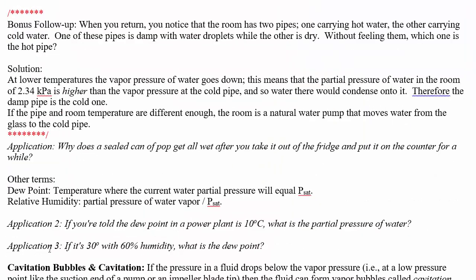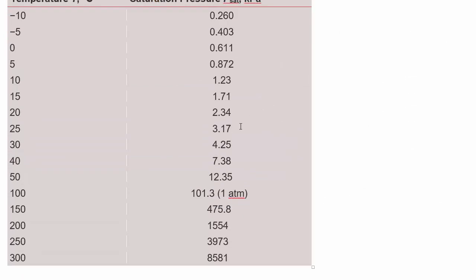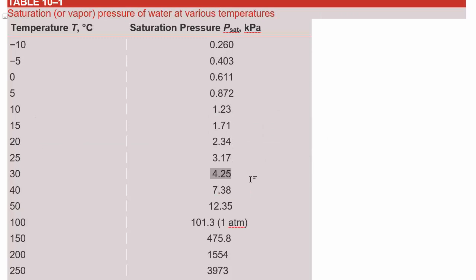All right, one more example. If it's 30 degrees with 60% humidity, what is the dew point? All right, what you would do is go back up to this table. 30 degrees, 60% humidity means the partial pressure of water right now is 60% of what the saturation pressure would be. So 0.6 times 4 is 2.4, and then another 0.2 would be 2.5.